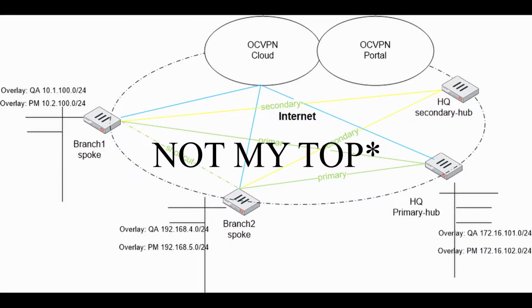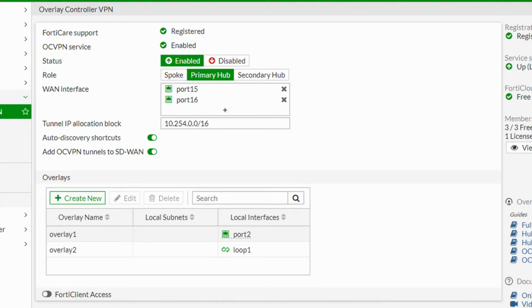And essentially what OCVPN is, it stands for Overlay Control Virtual Private Network. And it builds out those tunnels. And what you do is you connect it up to FortiCloud. And once you do that, you can go in and you drop in the members and you select what kind of network topology you're looking for. So what it will do is it will build a hub and spoke, or, you know, 2 hubs and multiple spokes, or whatever type of topology you're looking for.